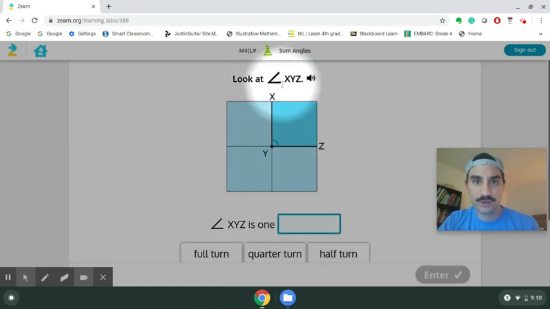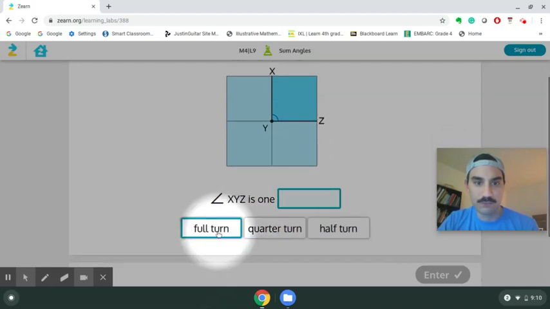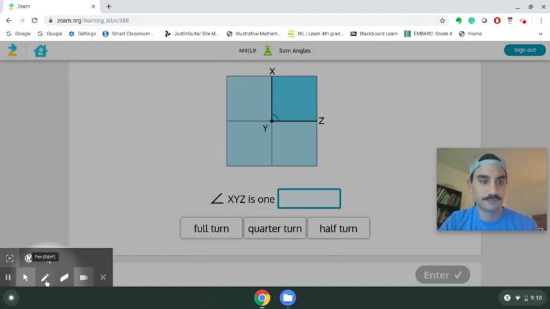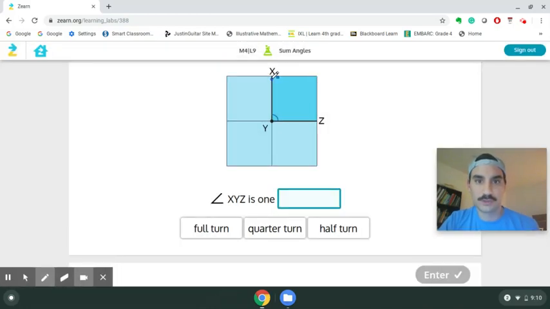Look at angle XYZ. XYZ. This angle in the corner marks XYZ. Is that a full turn, a quarter turn, or a half turn? Well, a full turn would be all the way around this point, this central point.